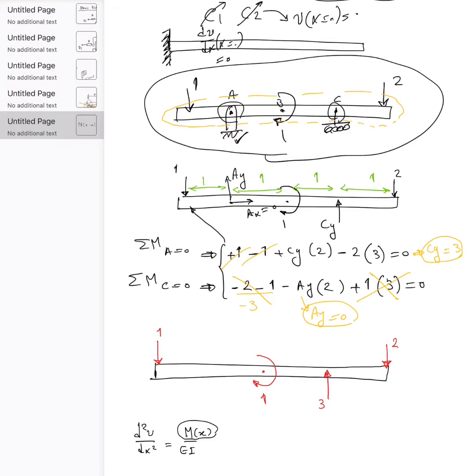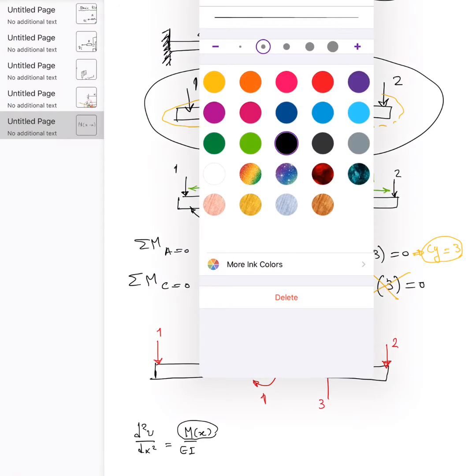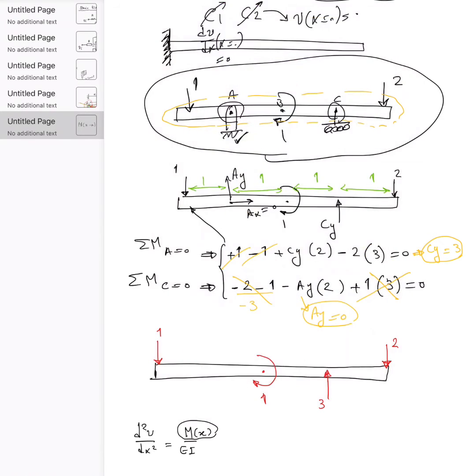So in order to do that, again, you need to take a reference from either left or right. I like to take my reference from the left, and then you cut it from the very end, but not exactly the end. You take the very end point that includes all the loading, starting from 0 to x.